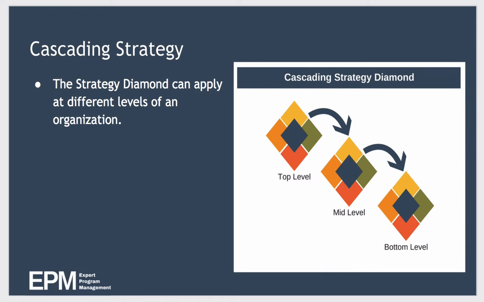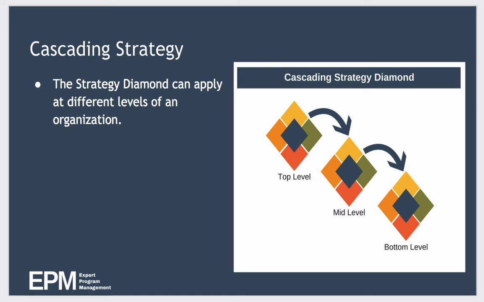Now, the strategy diamond doesn't only apply to the very top of an organization, it can apply at all levels of an organization. So the executive board might complete a strategy diamond at the top level for the whole organization, and then at the mid level, a business unit could take this strategy and use it to craft their own strategy. Now, that strategy would be appropriate for them, and it would reference the original strategy, so feed into the higher level strategy.